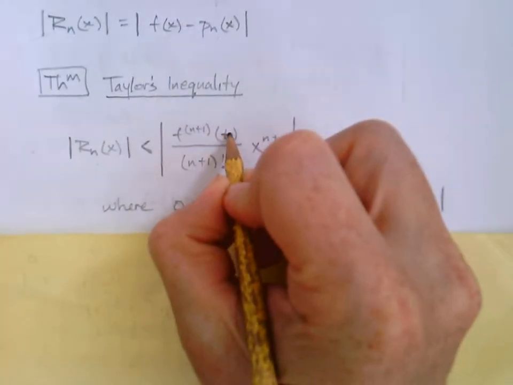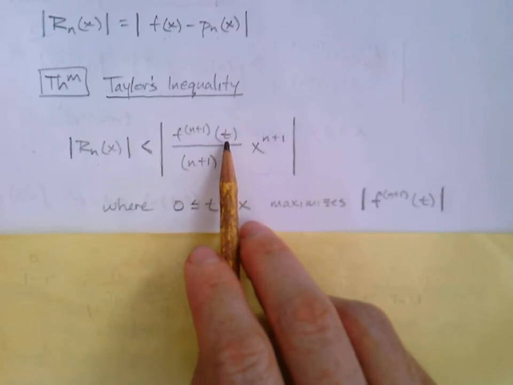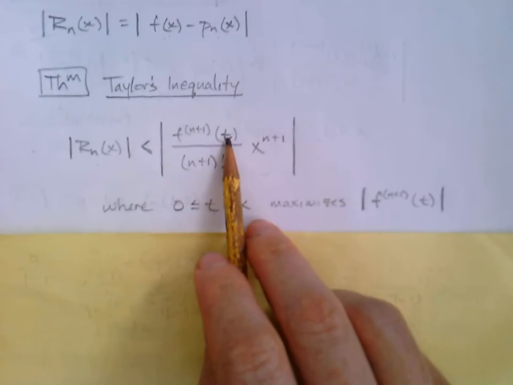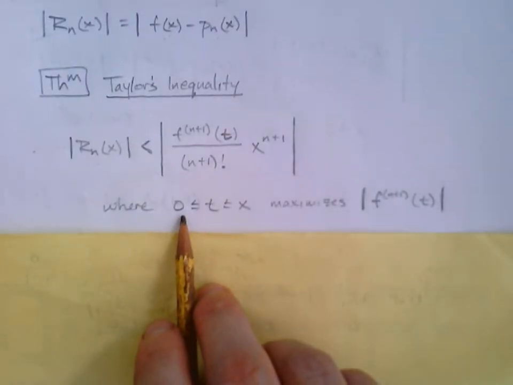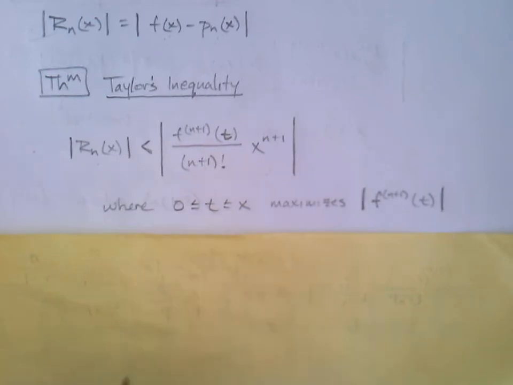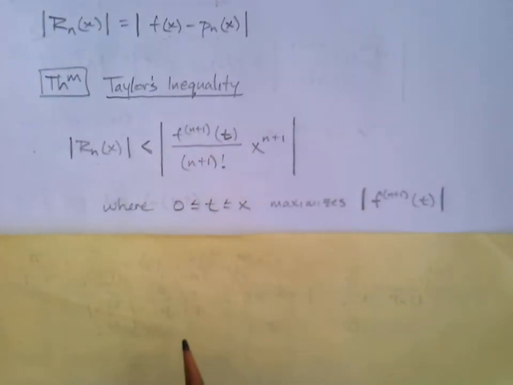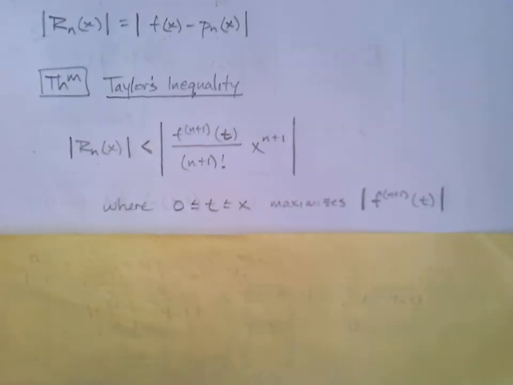Now, something you notice is that we are evaluating at t. So what is the deal with this t? Let's talk about that. Where t is a number somewhere between 0 and x, where we center all of these at 0. So t is somewhere between where we're centering and the x value.